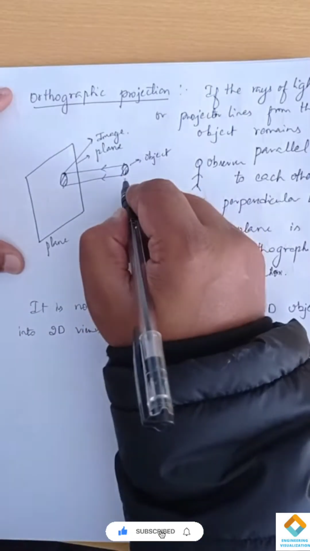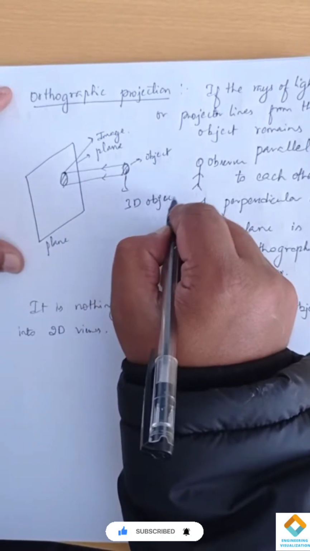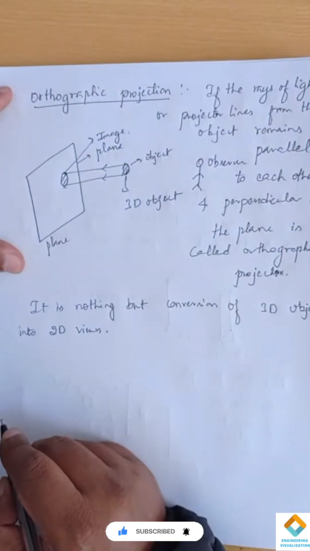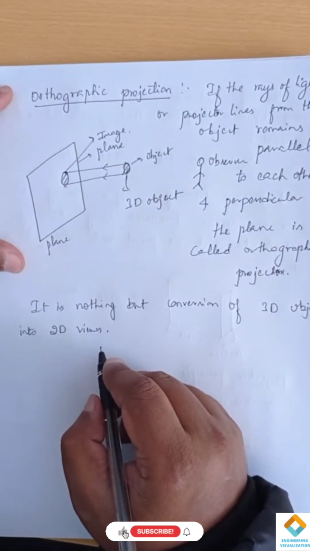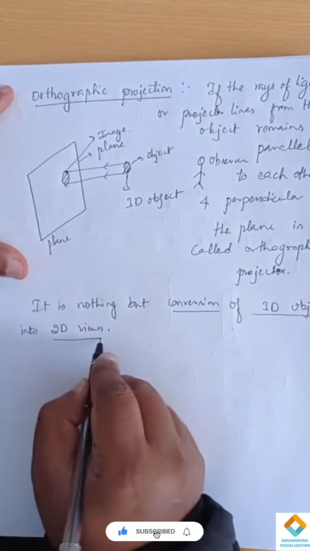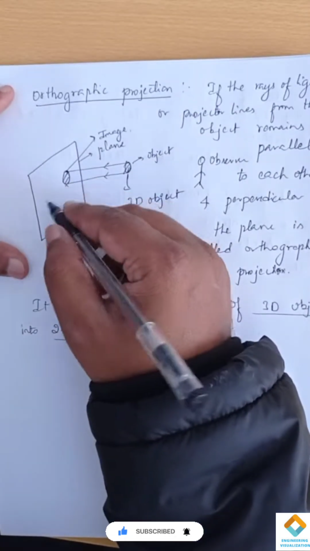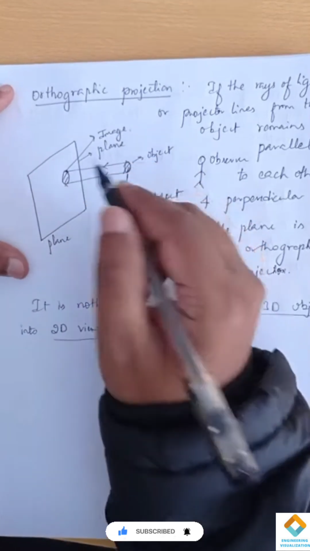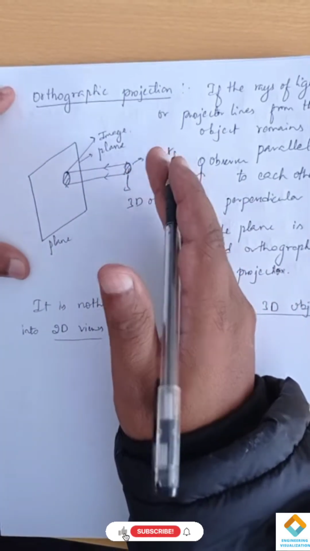You can see that this is a 3D object, and it is forming 2D views. That is nothing but an orthographic projection, wherein we are converting a 3D object into 2D views. Here in this we are getting a front view, similarly we can get the top view, and similarly we can get the side views. So conversion of a 3D object into 2D views is nothing but an orthographic projection.